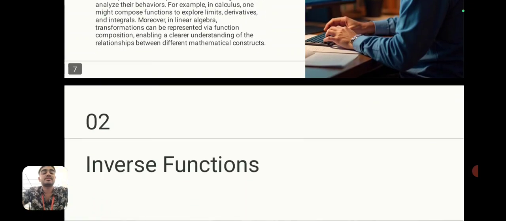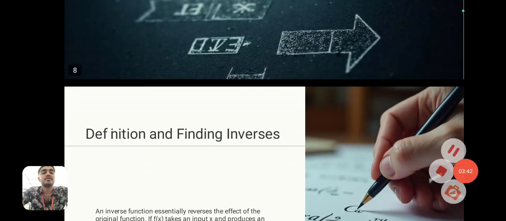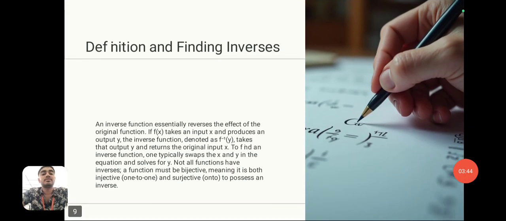The second topic is the inverse function. The inverse function essentially reverses the effect of the original function. If f(x) takes the input x and produces an output y, the inverse function, denoted f inverse, takes that output y and returns the original input x.